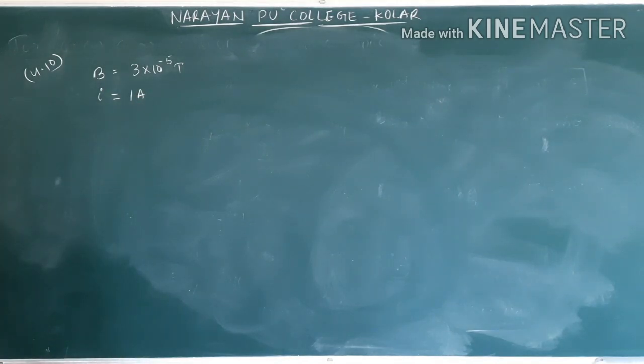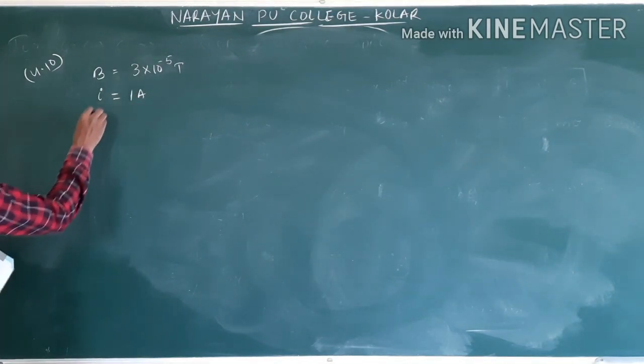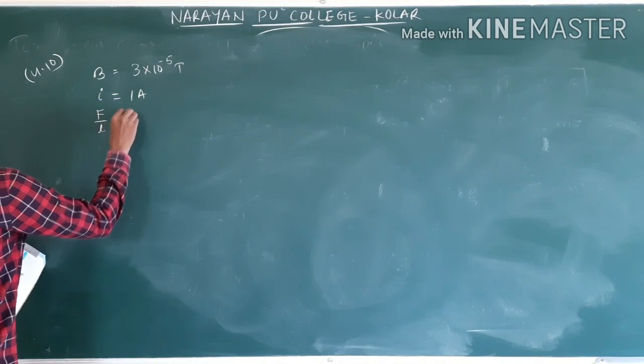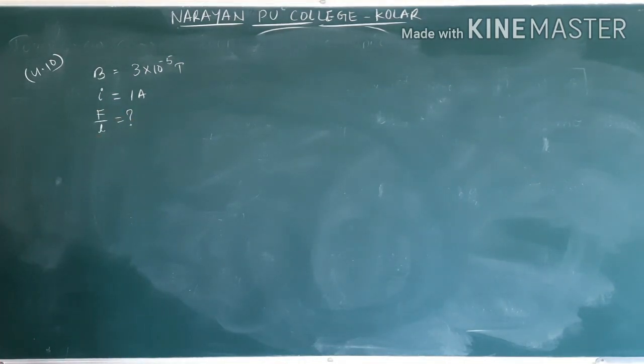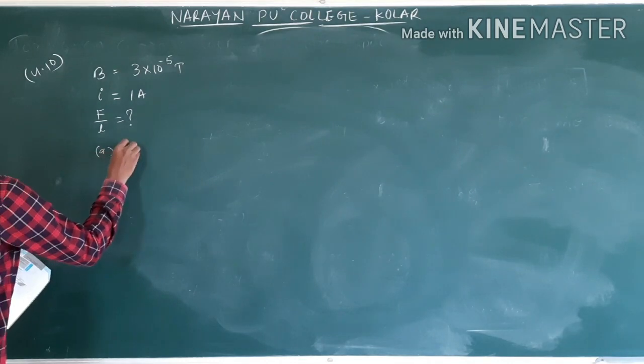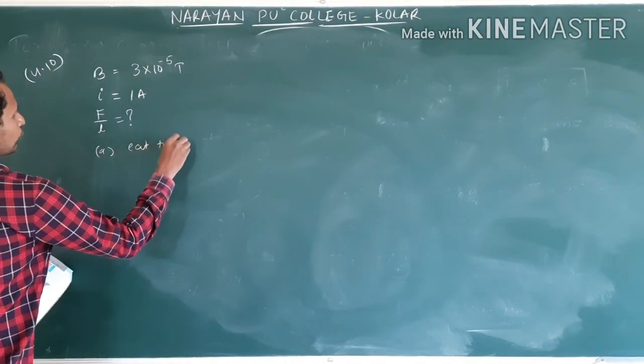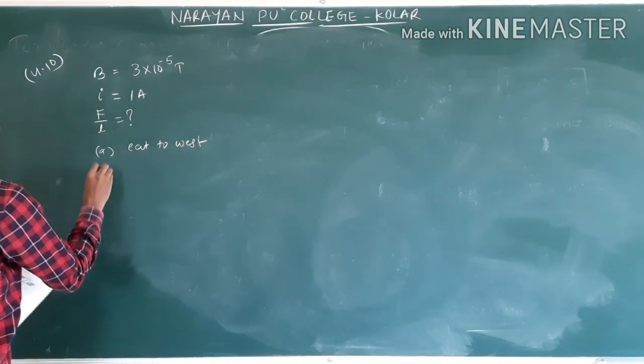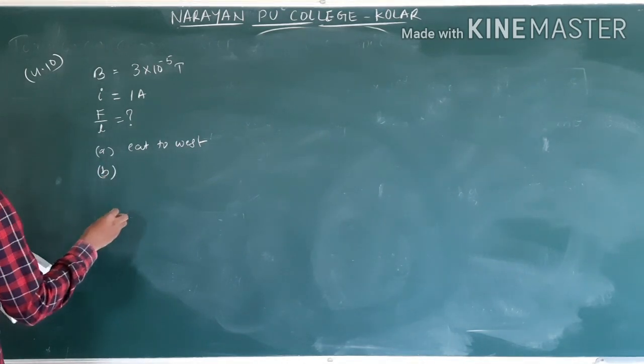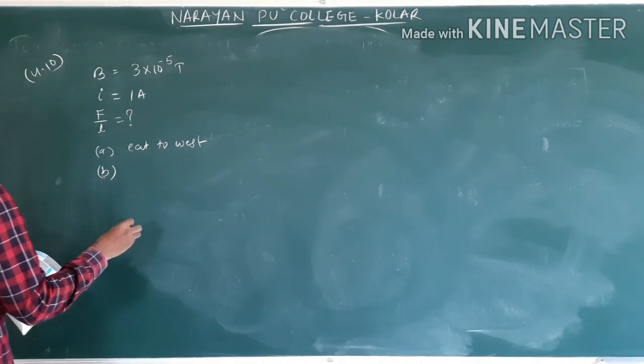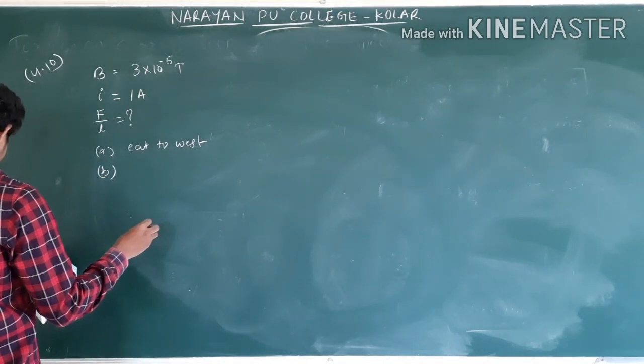Next, what is the force per unit length? F by L, they asked. Clear. When it is placed on the horizontal table, the first question is east to west. The second question is south to north.